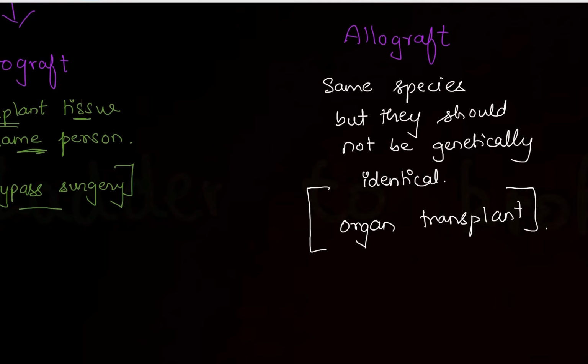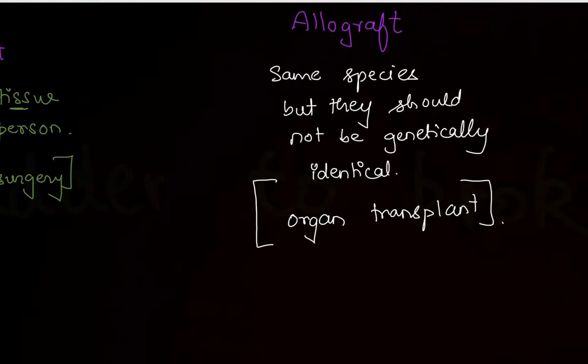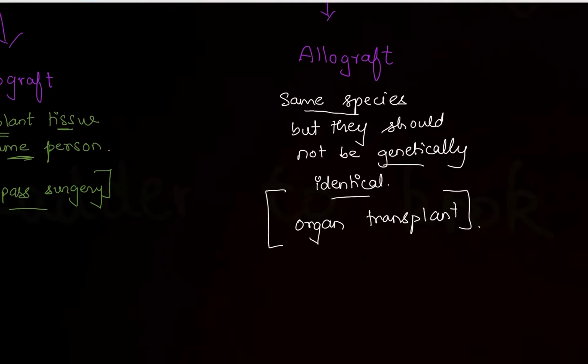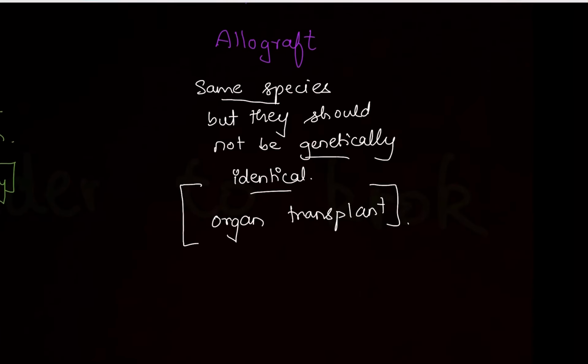We have people who donate their organs. So we'll look for the liver which will be compatible to the person who needs it. So at that time, the species is same. We will obviously look for a human liver, but they are not genetically identical. The person who will be donating the liver might not be a family member. Family members have genetically identical genes. Okay, so allograft is a transplant done between same species where they are genetically non-identical.